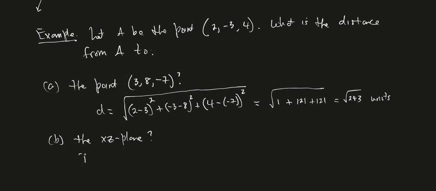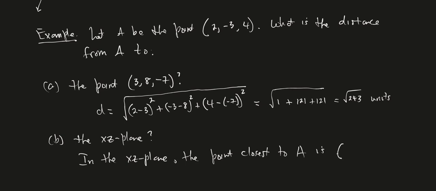So let's see. In the XZ plane, the point closest to A is, well, think about it. In the XZ plane, what do we know for sure? We know that the Y value has to be 0. The Y value has to be 0. But X and Z can be anything.